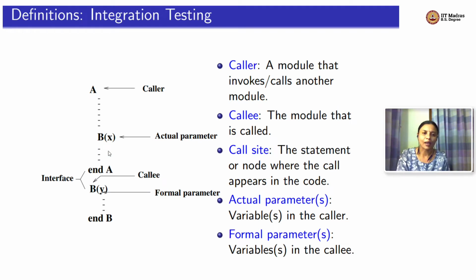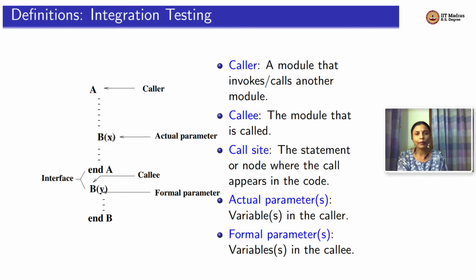So here is an example. Let's say there is a method or a function A, and A has some code. We don't really want to know what it is, but there is some sequence of statements in A. At some point, as a part of one of its statements, function A calls another function B and passes a parameter X as a part of the call.